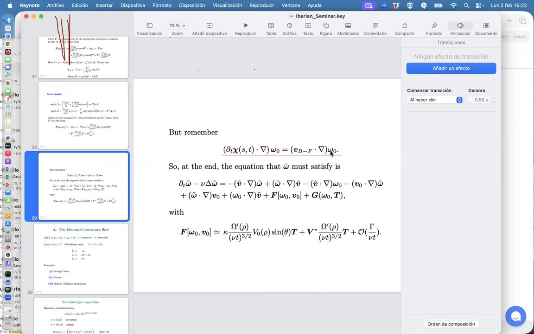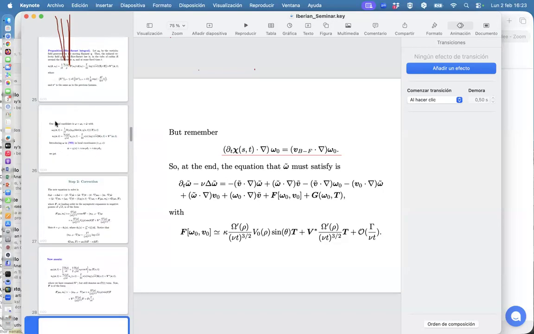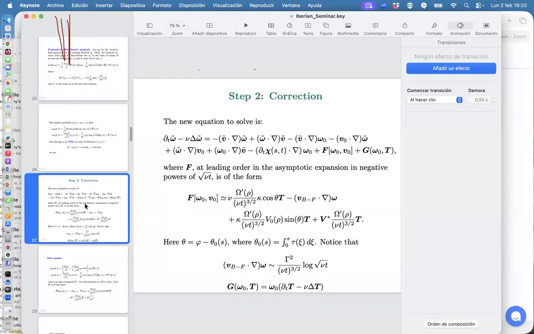But to make the story short, the only delicate term is precisely the convection term. It is not the stretching term. It's the convection term that has a term given by the binormal flow, which is precisely killed when you compute the derivative of your guess in time, right? So these two terms cancel.